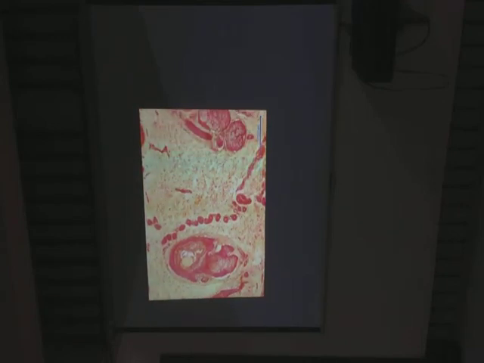Sebaceous gland. What's the difference between the manner of secretion between the sweat glands and the sebaceous glands? Holocrine. What do you mean by holocrine? The cells die when they release their secretory products in holocrine type of glands.